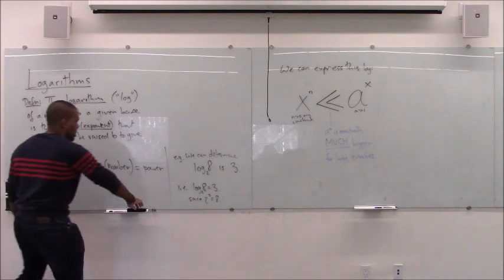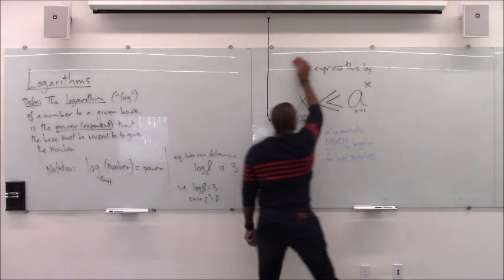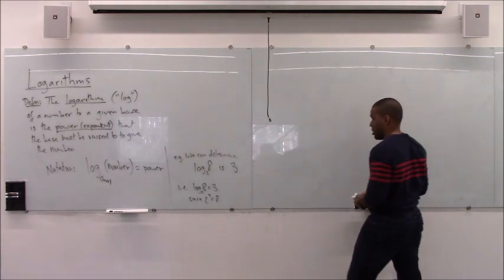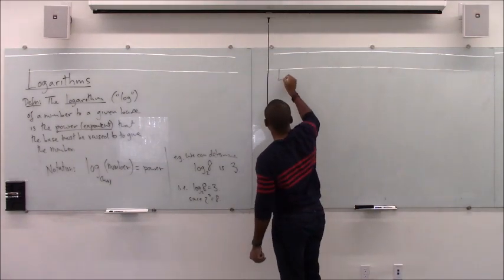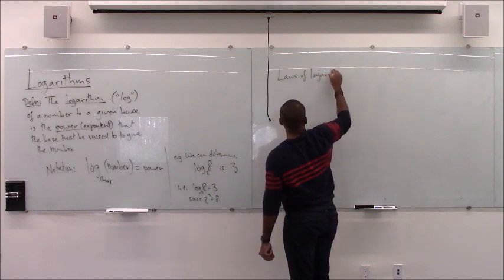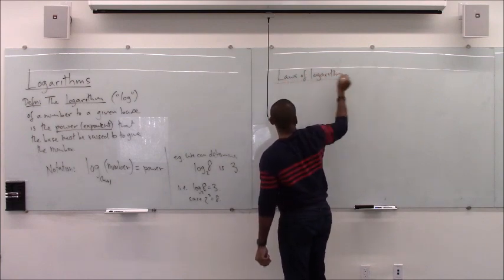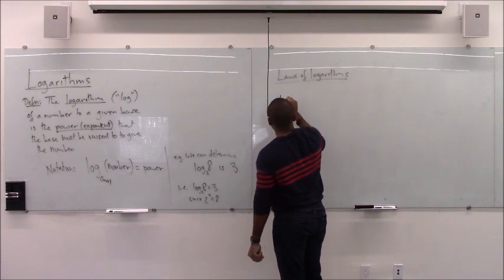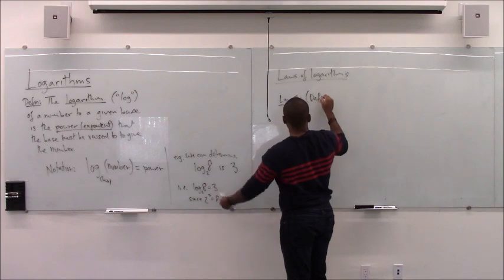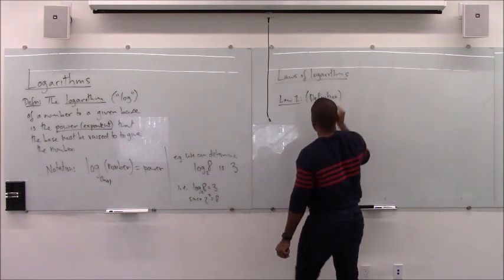So what are the laws of logarithms? That's what a logarithm is. Let's see how they work. So law 1 is pretty much the definition, what I just said, just written in symbols.